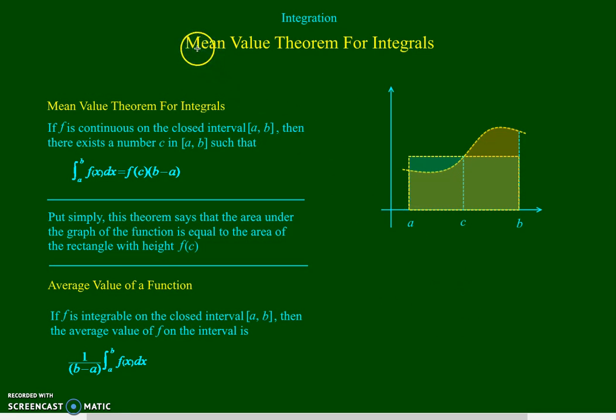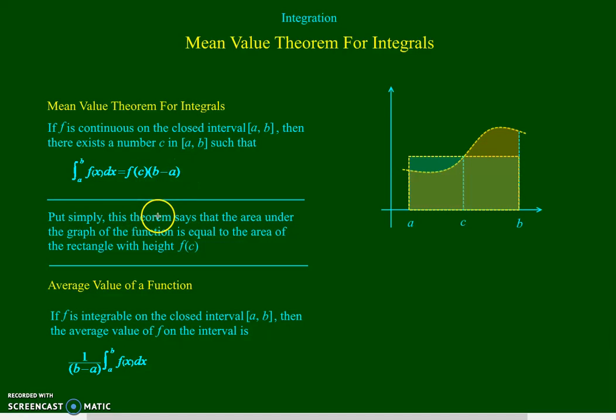Here we have a new theorem called the mean value theorem for integrals. And what it says is if function f is continuous on a closed interval ab, then there exists a number c in the closed interval ab such that the integral from a to b of that function with respect to x is equal to f of c times b minus a.